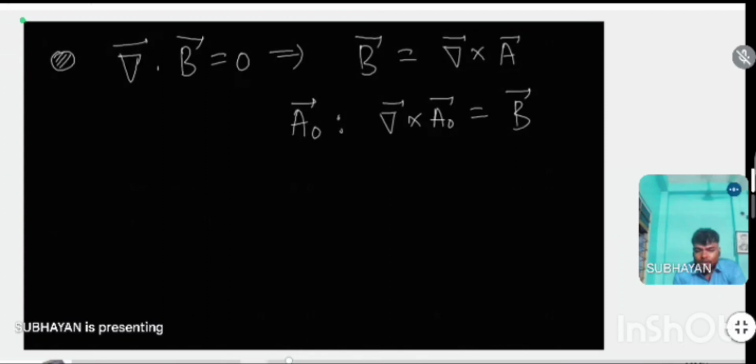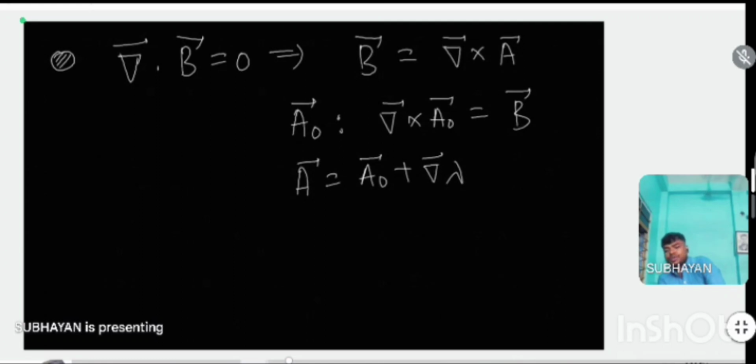Then also A equals to A naught plus grad lambda will also satisfy the same B, or the same Maxwell equation. Okay, because you know curl of gradient of any scalar is 0.